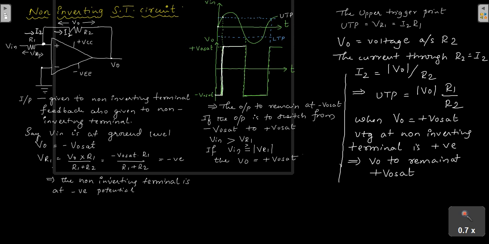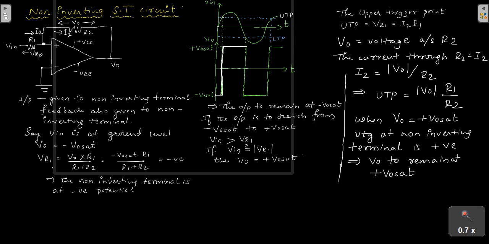So the output will remain at plus V naught sat as long as this particular condition holds good. That is, the voltage at the non-inverting terminal is more positive with respect to the inverting terminal.